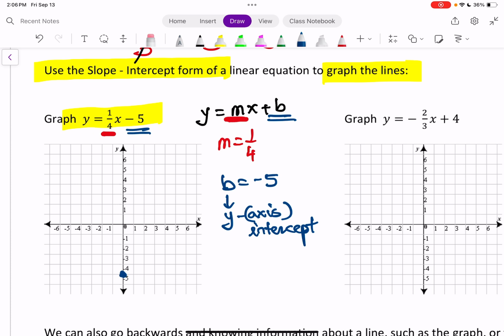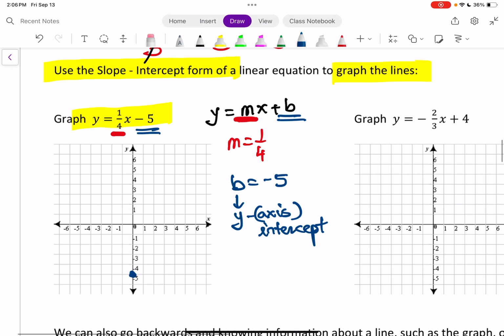The slope is telling me how the line is moving. And the line has a rise of 1 and a run of 4. So in other words, this line keeps going 1 up to the right 4. Remember, the slope is rise over run. And that's it. So we actually didn't have to find any points.